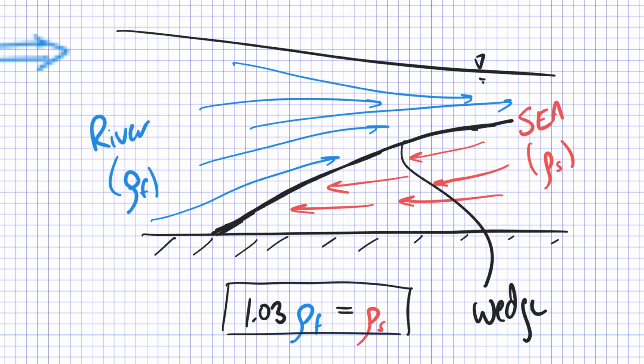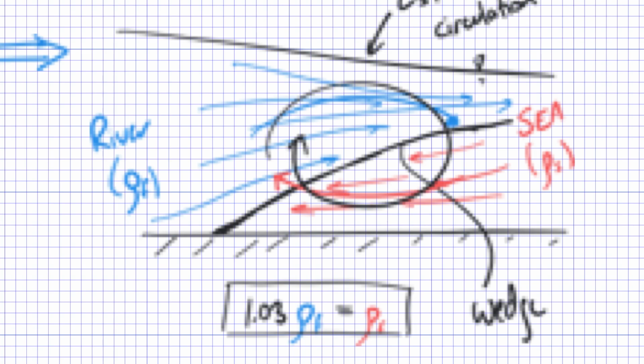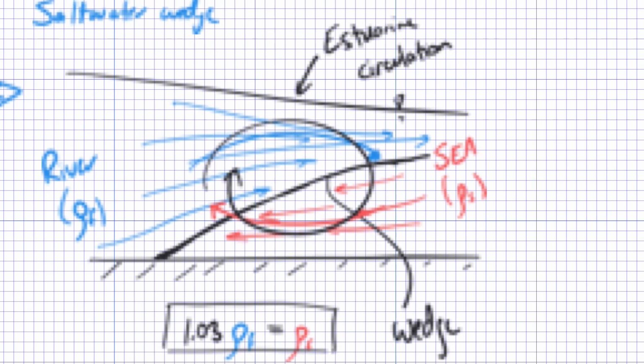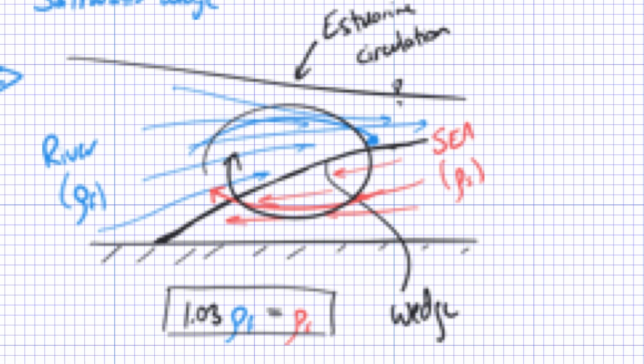This particular pattern, of salt going upriver on the bottom and fresh going out on the top, if I combine both of these, is called the estuarine circulation. Circulation for obvious reasons, because the water is circulating in a pattern like that, and estuarine because this is an estuary. An estuary is just some area where the salt and the fresh mix.